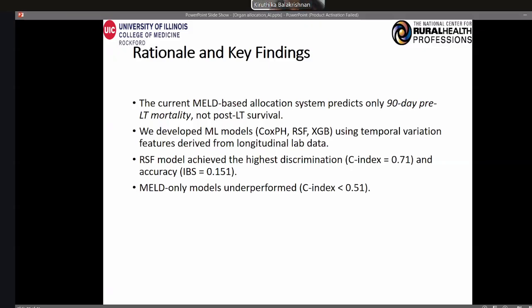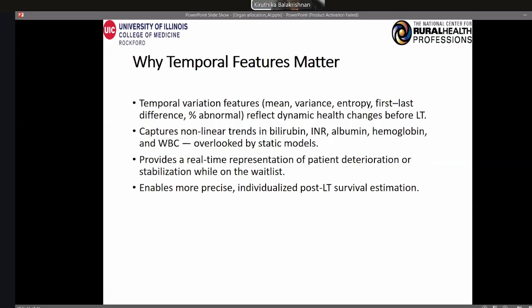This clearly demonstrates that temporal patterns, how lab values change over time, provide much stronger predictive power than single snapshot-based MELD values. So the key takeaway is the need to incorporate longitudinal information into machine learning models to enhance survival predictions and potentially improve transplantation decision making beyond the current MELD system.